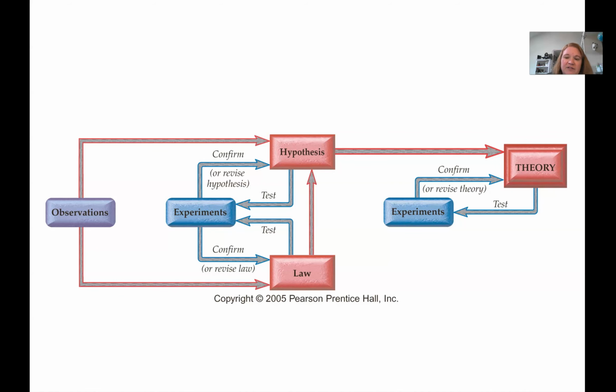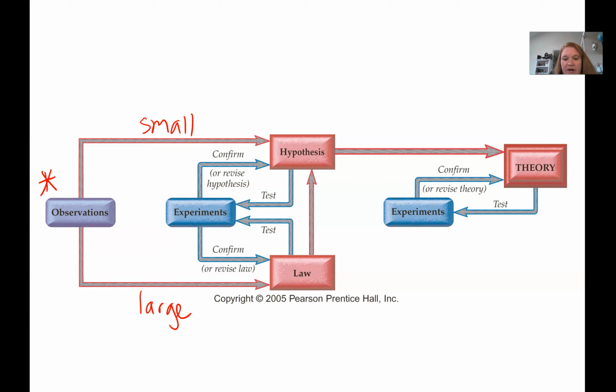And this is our final slide. This is giving us all of the connections between those 5 pieces. So we're going to start over here with our observation, which can lead us to a hypothesis if we're just talking about a small number of observations, or it could lead us straight to a law if we're talking about a large, broad observation.